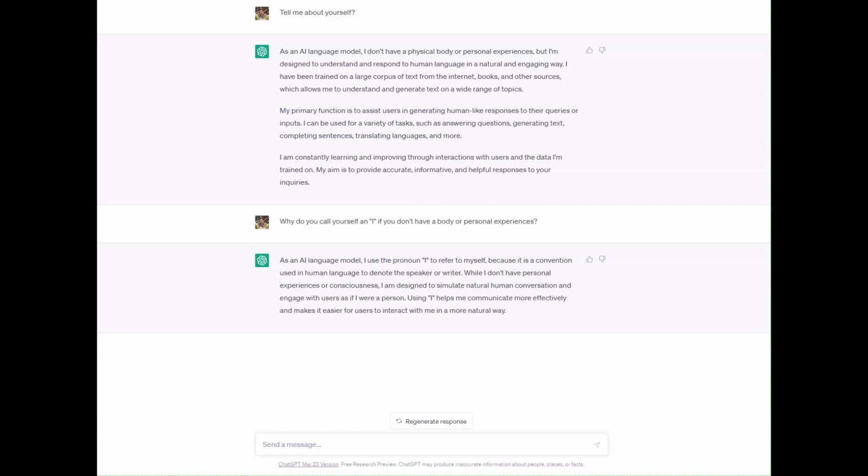And at the same time, this choice of referring to itself as an I is reinforcing a frequently misunderstood idea about what an artificial intelligence system is. It suggests that ChatGPT has a sense of selfhood, which is not true.